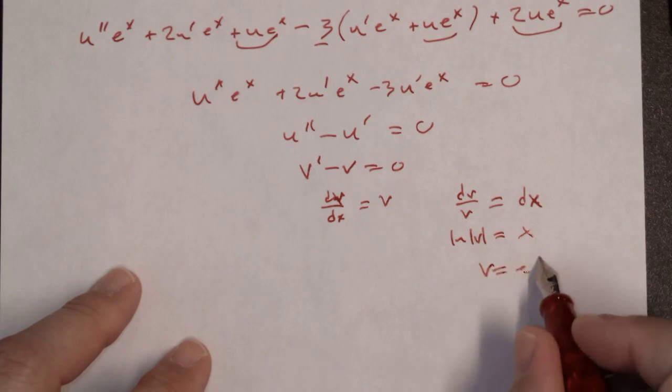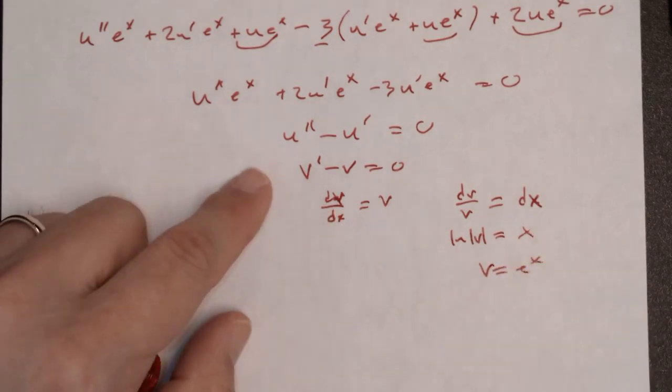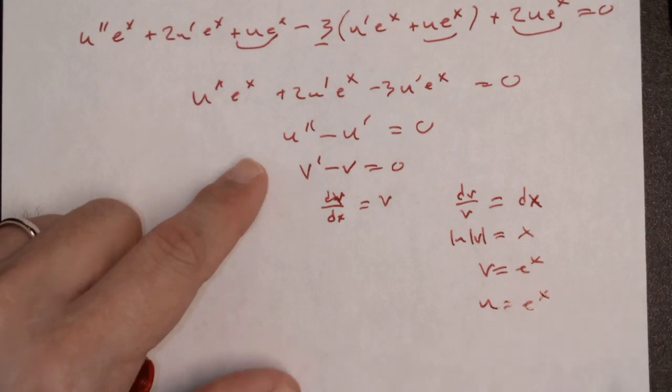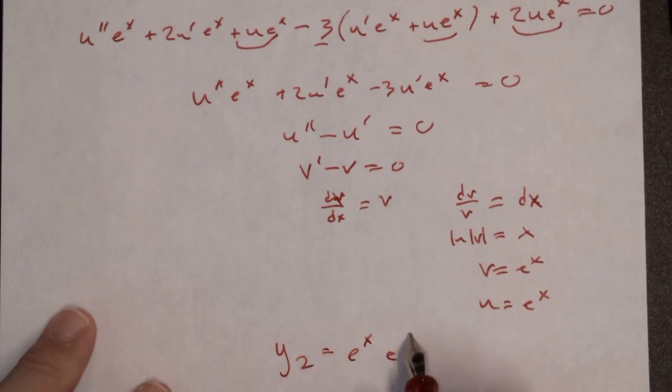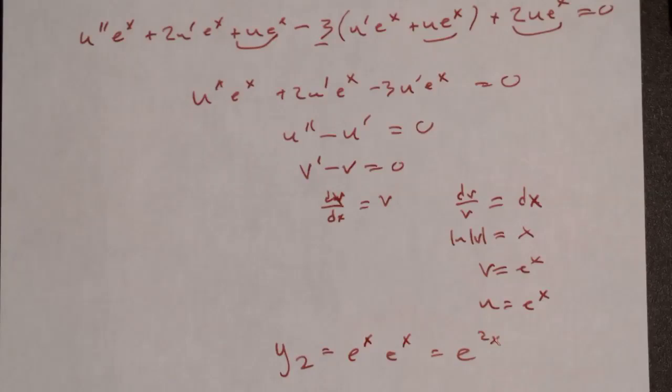So v is e to the x. That means that u is also e to the x, because the integral of e to the x is e to the x. And that means that y2 is e to the x times e to the x, or e to the 2x. So far, so good?